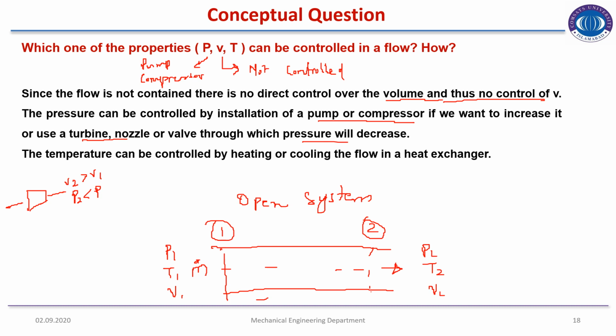And the temperature can be controlled by heating and cooling through heat exchanger. So we have discussed the heat exchanger in the previous lecture. If you want to heat the fluid, we will introduce a high energy fluid, so heat will be exchanged.